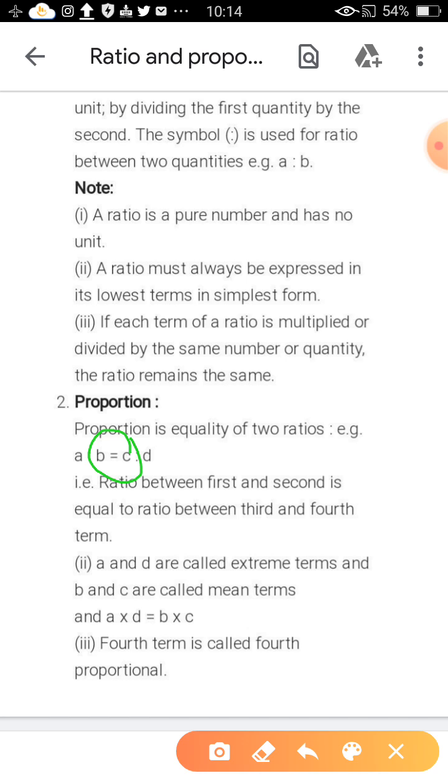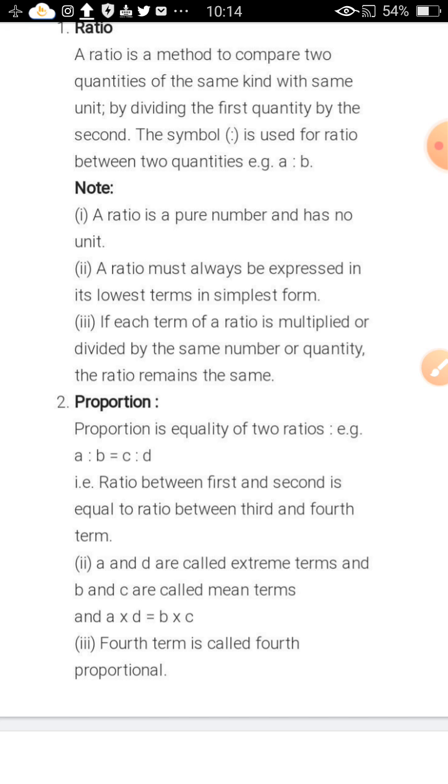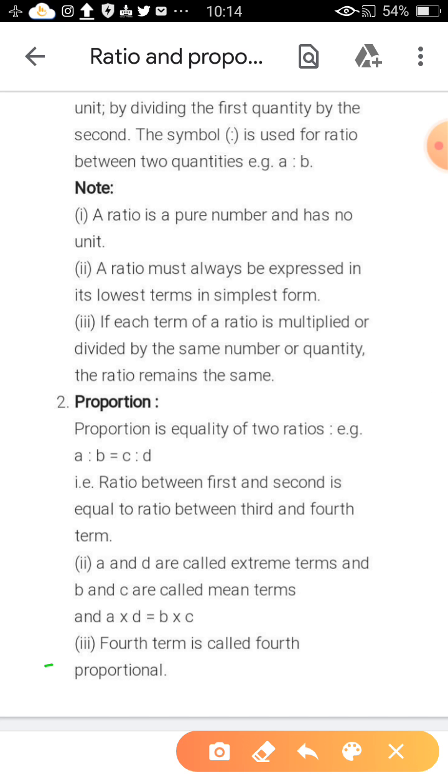And we can state that a multiplied by d is equal to b multiplied by c. The fourth term is called the fourth proportional.